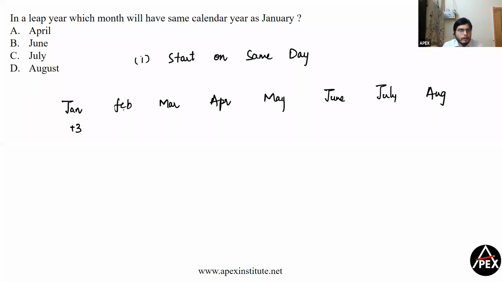February in a leap year will have 1 odd day, March 3, April 2, May 3, June 2, July 3, and August 3. Now let us consider Jan is starting on Monday. If Jan is starting on Monday, then Feb will be Monday.